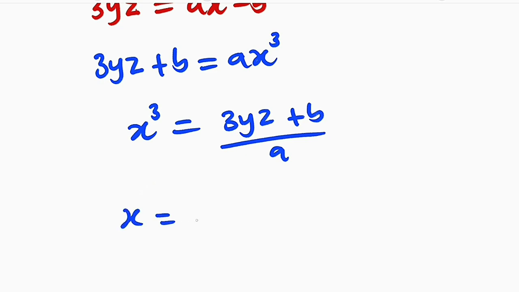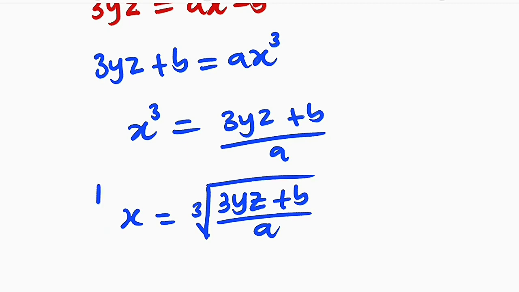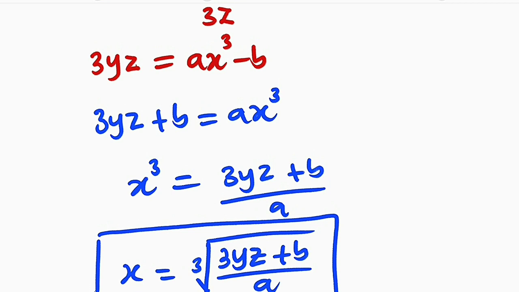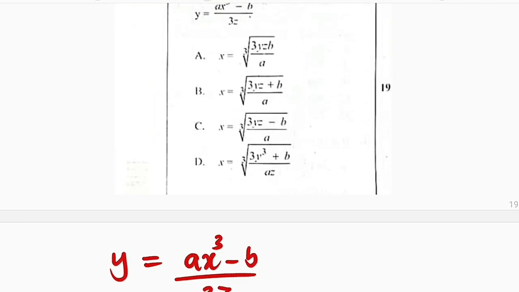You have x to be equal to the cube root of 3yz plus b divided by a. And this is our final answer. Cube root of 3yz plus b divided by a, which is option B.